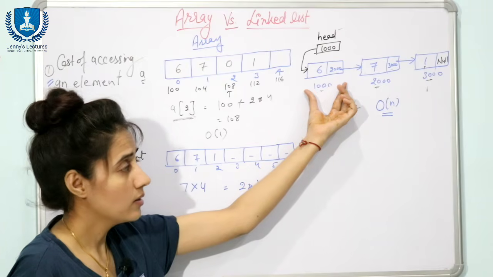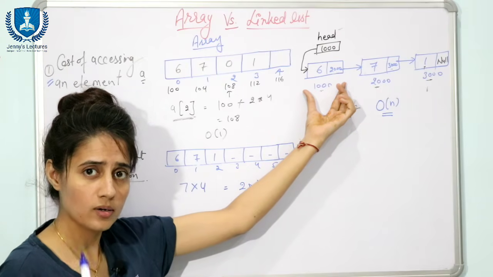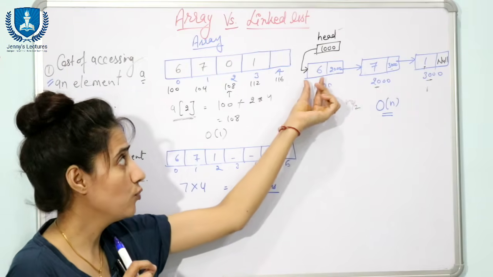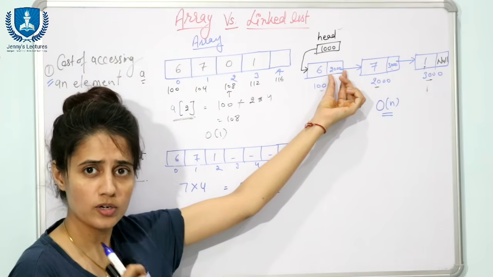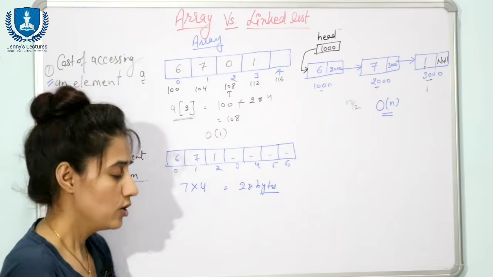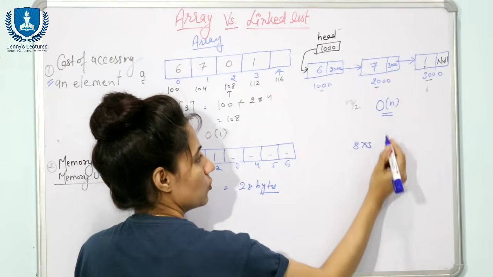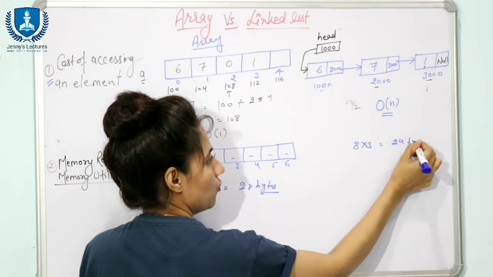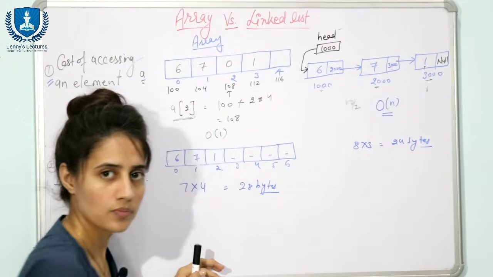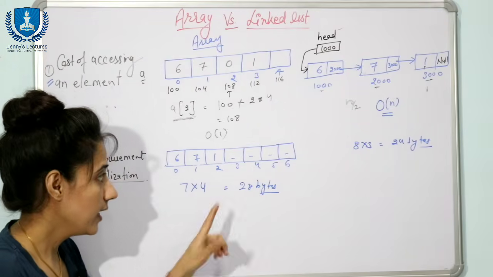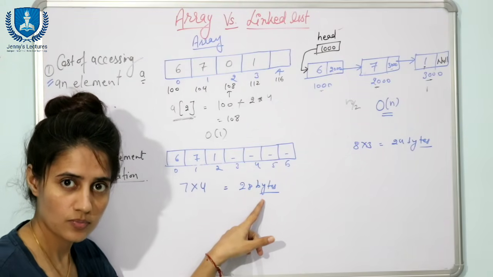So total bytes for one node would be 8: 4 for the integer and 4 for storing the pointer variable, or the address. So the total size is 8 into 3 for 3 nodes, that is 24 bytes. Fine. And here 28 bytes, right?